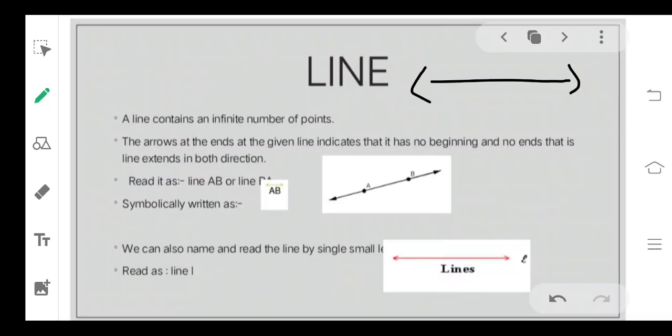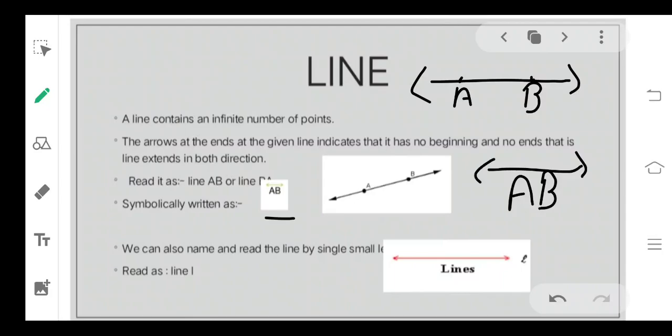We read it as line AB or line BA. Students, you can see it is already written here. It is symbolically written as line AB.